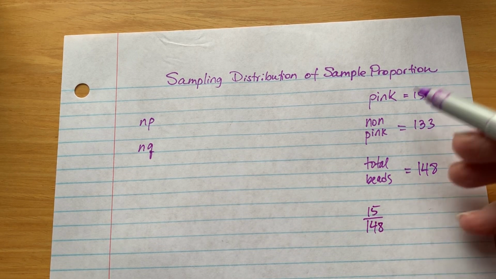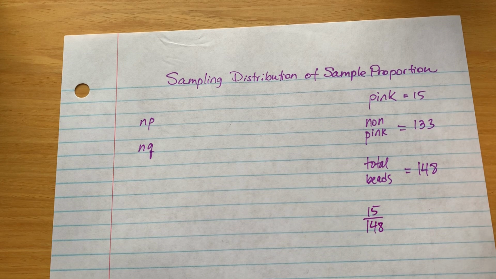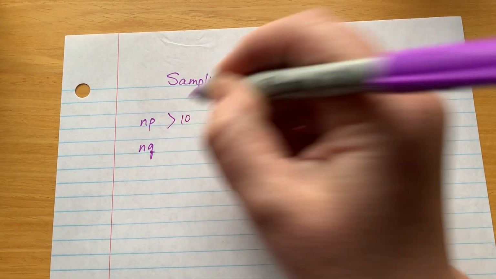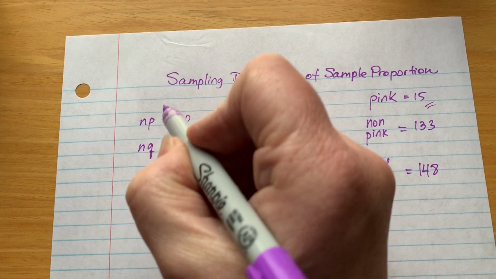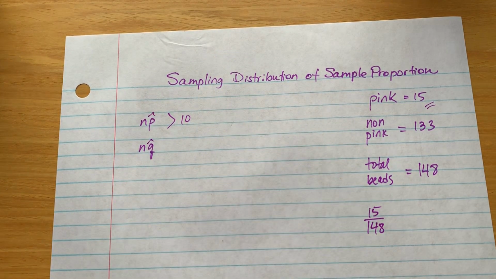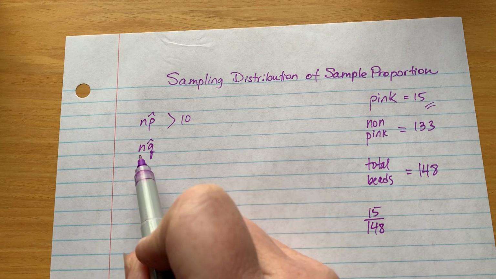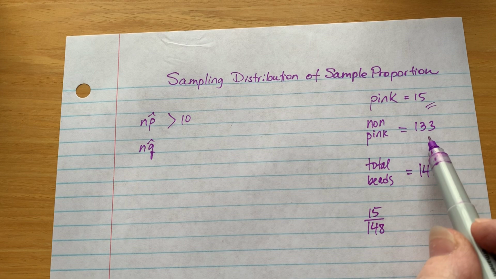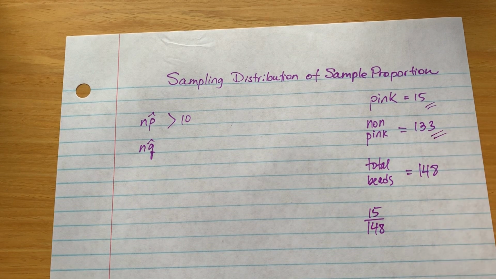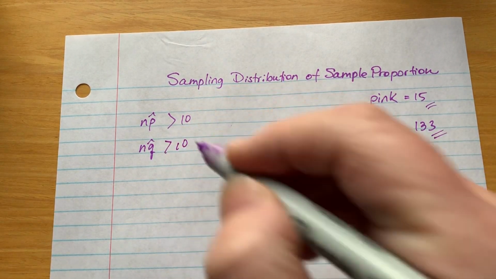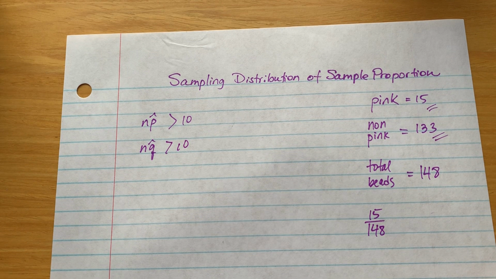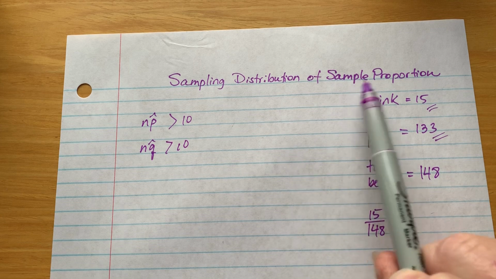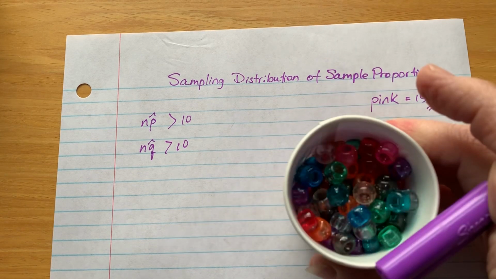I know my number of successes, the pink beads, was more than 10 because I had 15 beads. I also know that the number of failures, not pink beads, was also more than 10. Since both of those conditions are satisfied, I can go ahead and start talking about the sampling distribution of my sample proportion of my cup of beads.